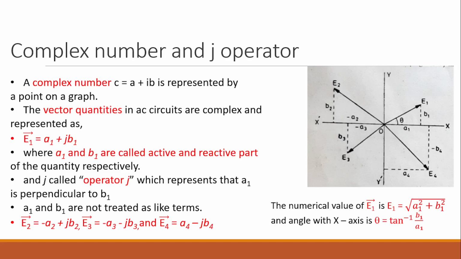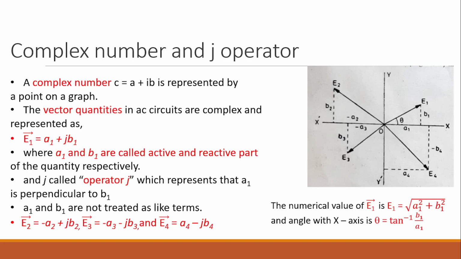Now, what is the difference? Here also the same analogy we have used, but the difference is that in a complex number we use i, here we are using j. There A was the real part, here A1 is the active part. There B was the imaginary part, here B1 is called the reactive part.